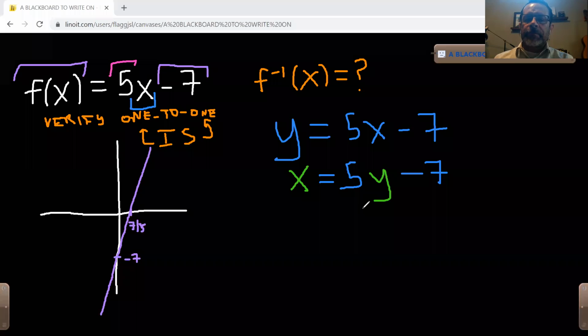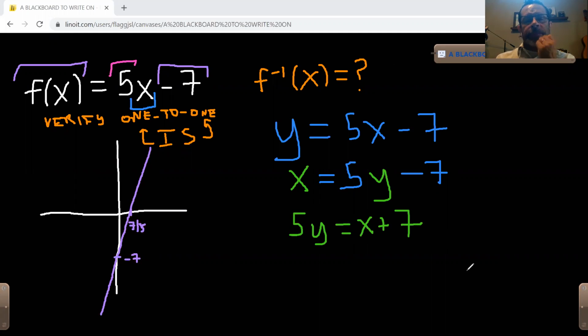And now I'm going to solve for y. So that means that this is going to be equal to 5y equals x plus 7.